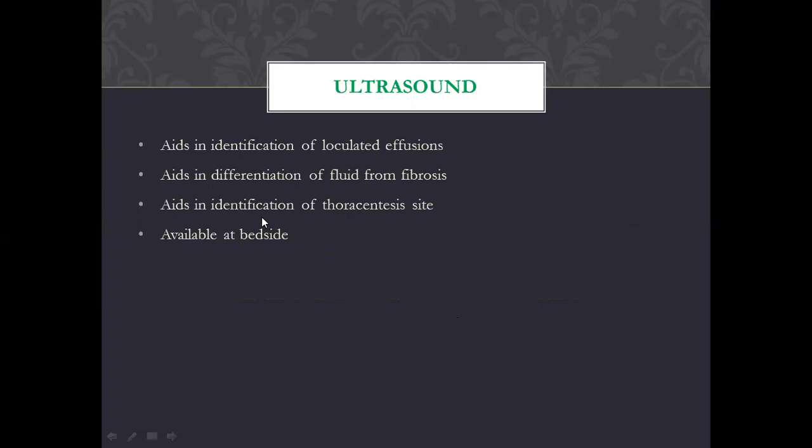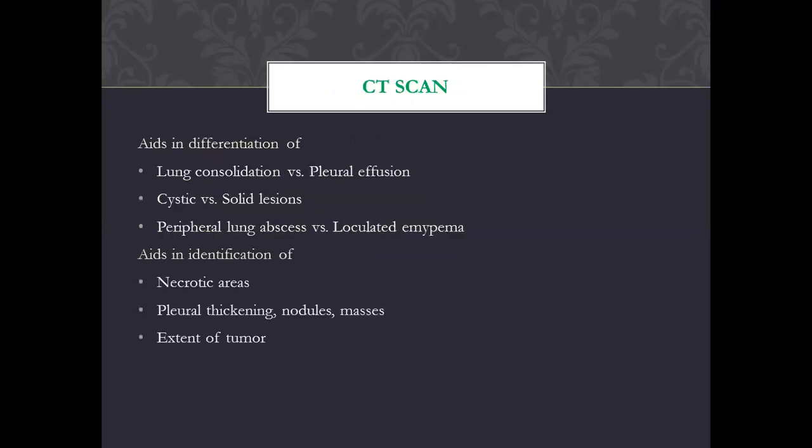Ultrasound we have discussed. It helps in confirming the pleural effusion, it confirms a loculated effusion, and it helps to differentiate from fibrosis, mass or any consolidation. It also helps to identify the thoracentesis or pleural tap site, and it's a bedside technique.